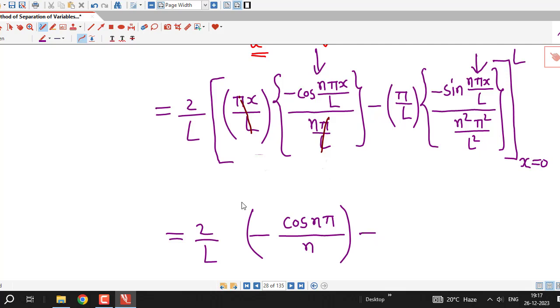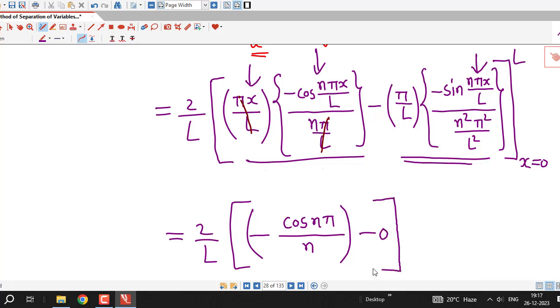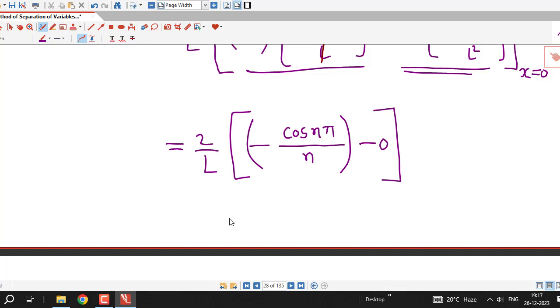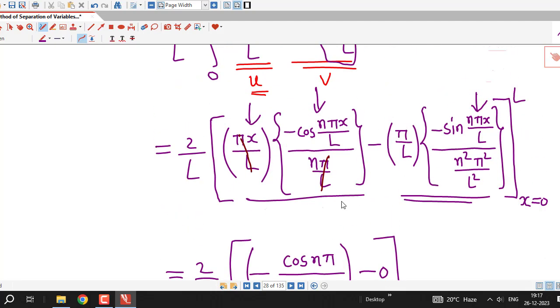And for the lower limit, if I take x equal to 0, then here x is in the product, so this term will become 0. And if I put x equal to 0 here, I will have sin 0, so that will make this term 0. So there is no contribution from x equal to 0. And this we can rewrite as minus 2 by n pi into L, and cos n pi is minus 1 raised to n.